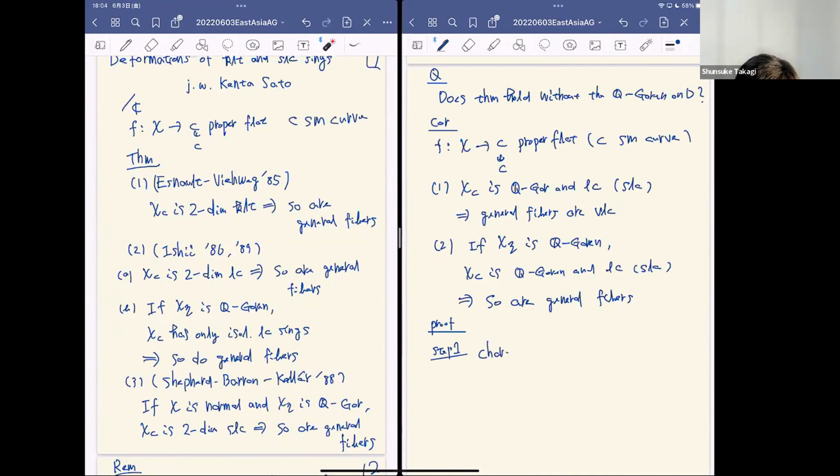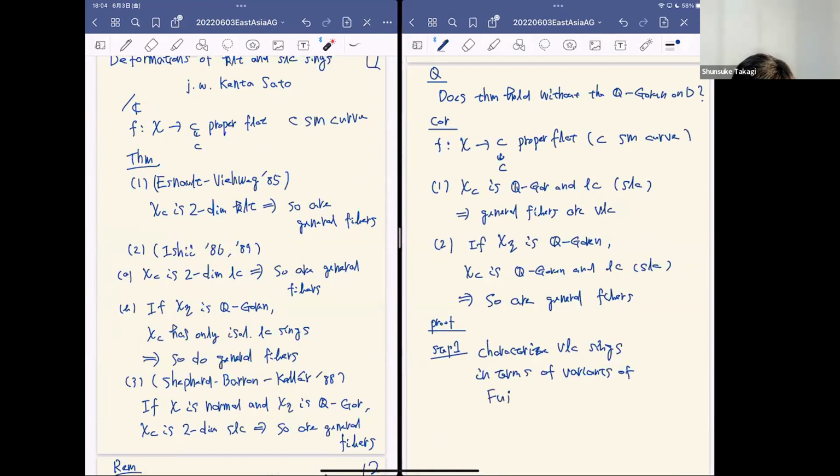First, characterize variative log canonical singularity in terms of a variant of Fujino's non-LC ideal.